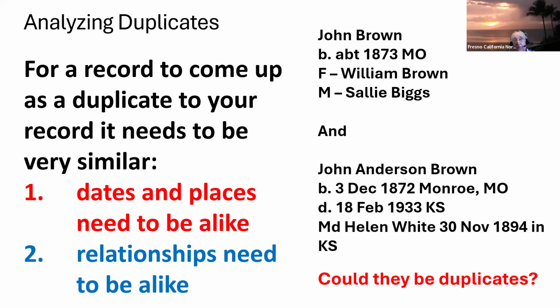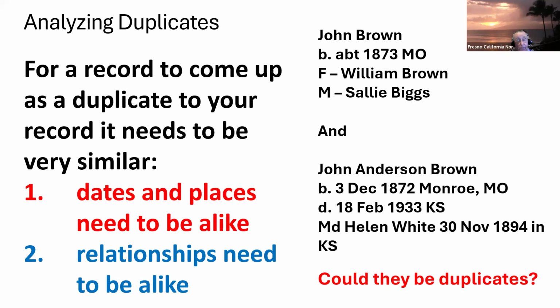Look at the differences. John Brown versus John Anderson Brown. The top guy has an about year and a state. The bottom guy for birth has a day, month, year, and county and state. The top one has no death. The bottom one has death. The top one has parents. The bottom one has spouse.